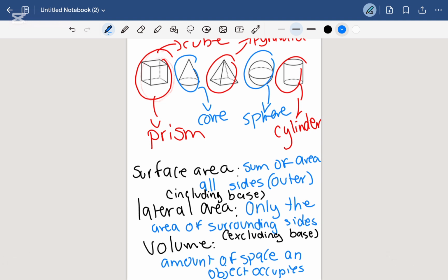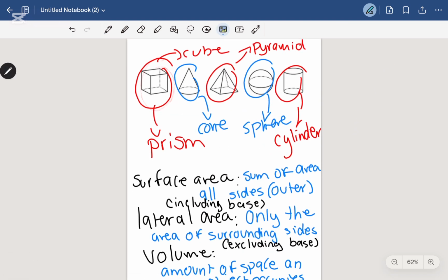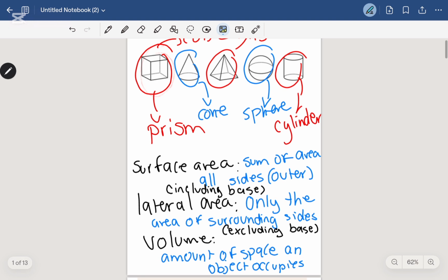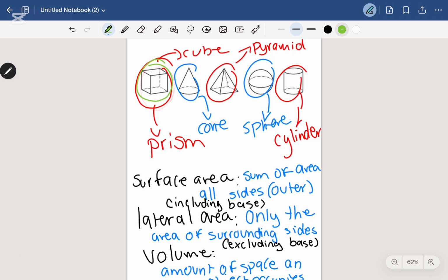Lateral area is only the area of surrounding sides, excluding the base. And finally, the volume is the amount of space an object occupies. So now that we finished discussing the definitions of surface area, lateral area, and volume, let us go to our first shape, which is a prism, okay?